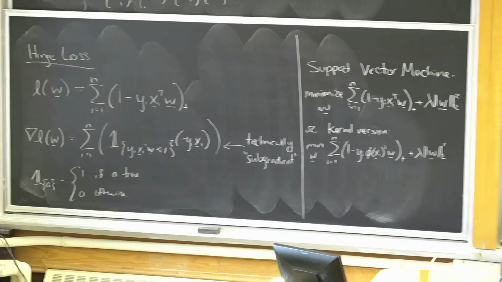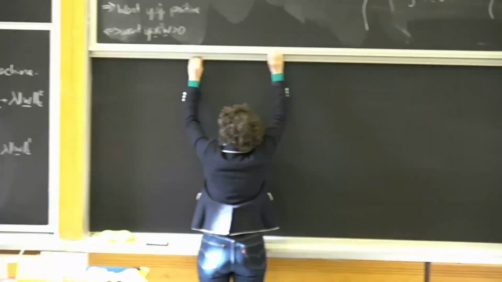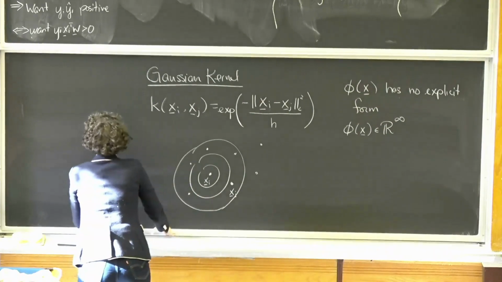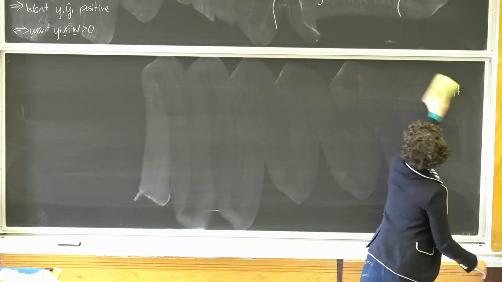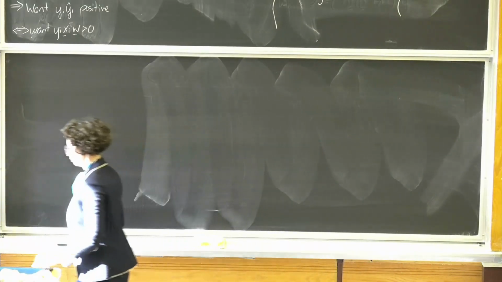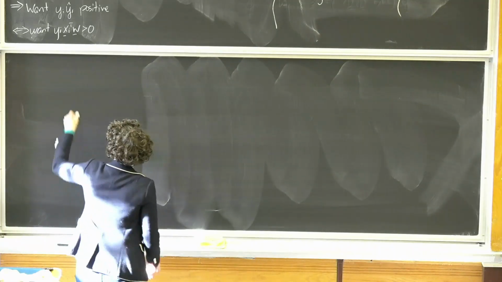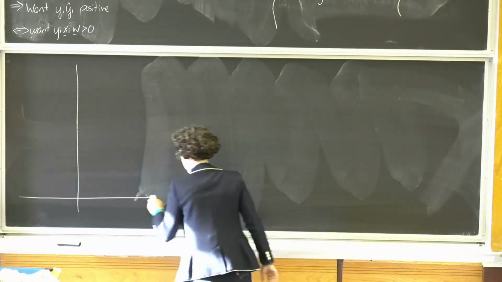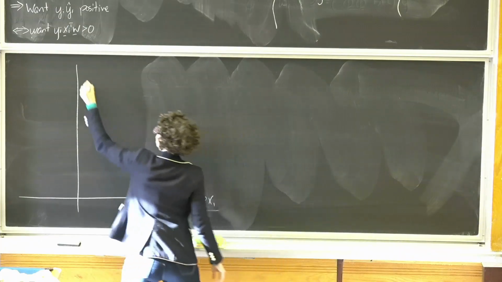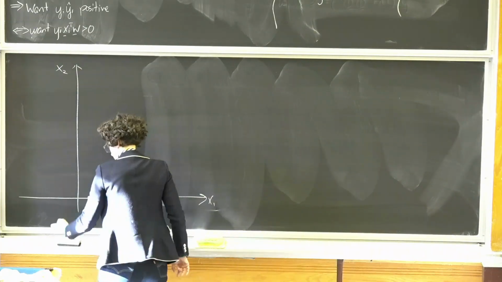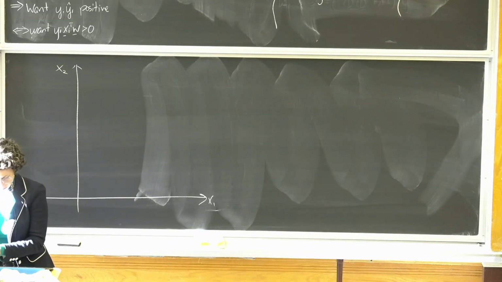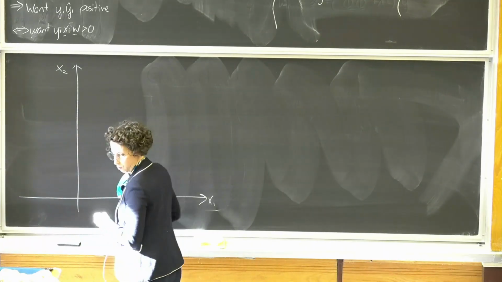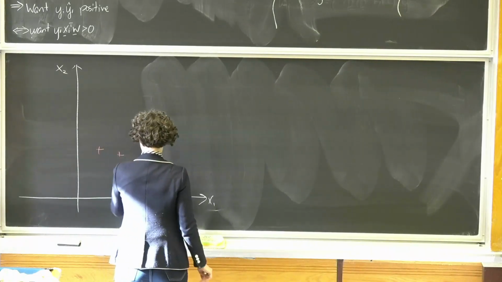And I want to draw a picture now to illustrate what's happening. So again, let's imagine that we've got 2-dimensional features and we make a plot of some training samples here, similar to what we did before.